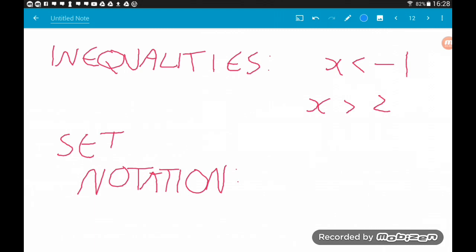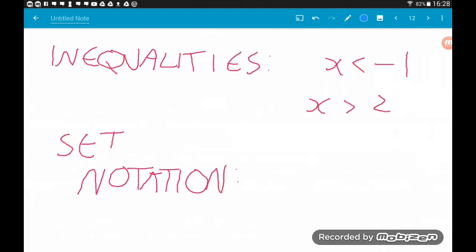Or we can have ones where we've got two separate inequalities. Here we've got x is less than -1 and x is greater than 2. Now these two inequalities are exhaustive. x cannot be both things at the same time. So this is the type of question where we use the union.